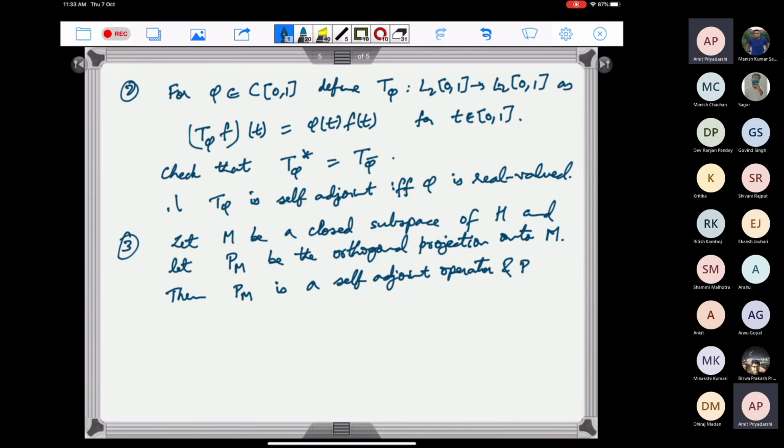And also this projection operator satisfies Pm square equal to Pm. Such an operator is called idempotent if its square is itself. So Pm is an idempotent self-adjoint operator.